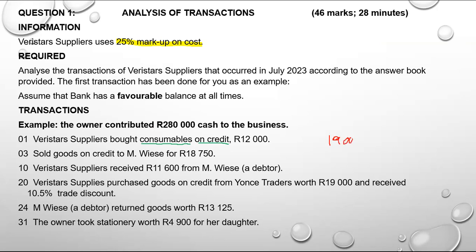Because we were given a trade discount, you can't record it as 19,000. You will record it at 100% minus the trade discount, which is 10.5%. How much will this give us?